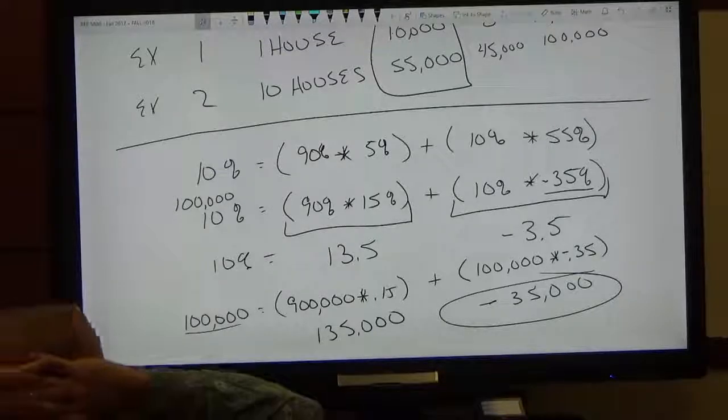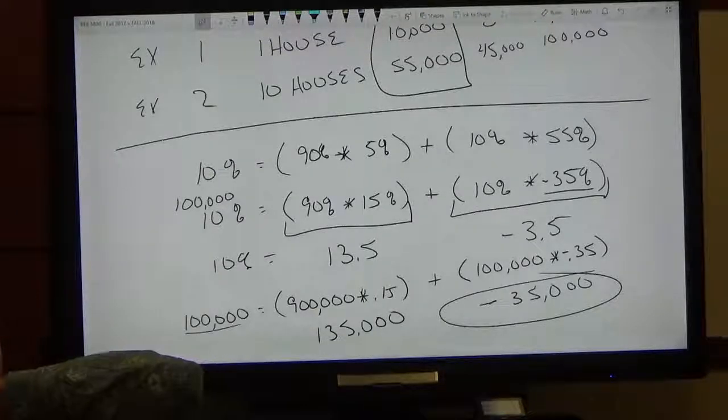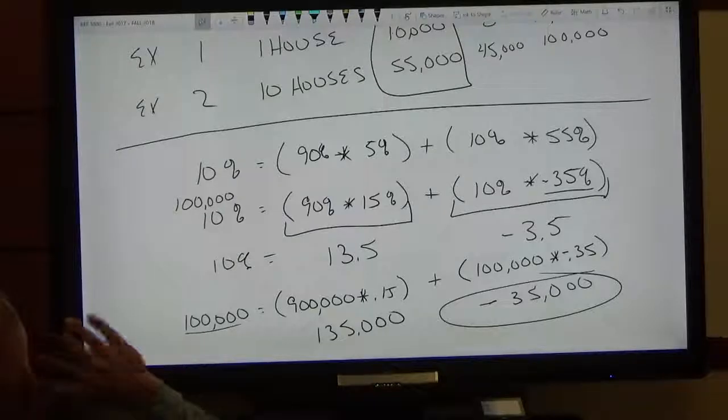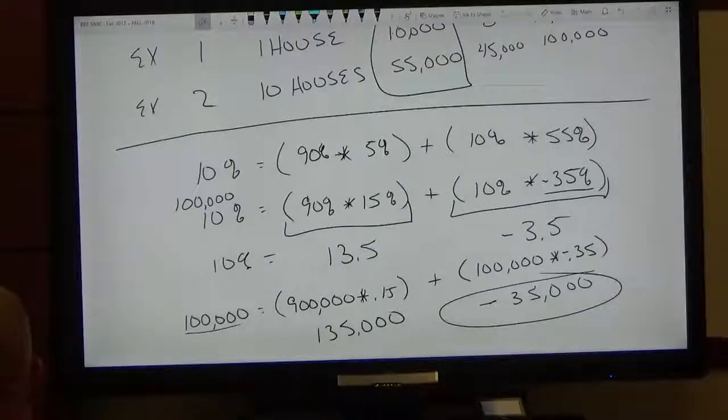Yeah, basically it's all about looking at sensitivity analysis and simply saying, okay, if rents were to drop by this, how does that impact me? And can I still pay my bills? And am I still going to be made whole?